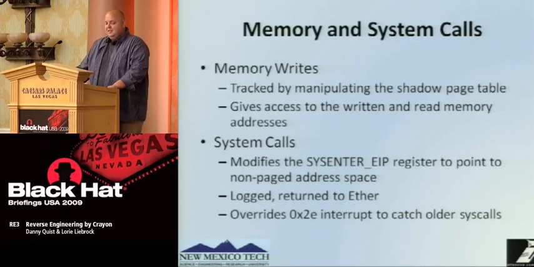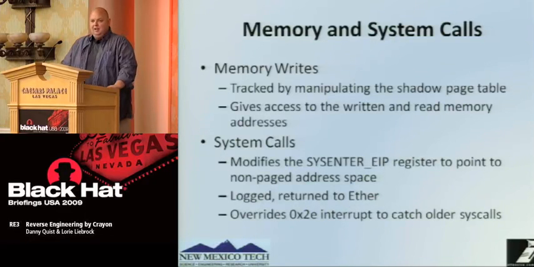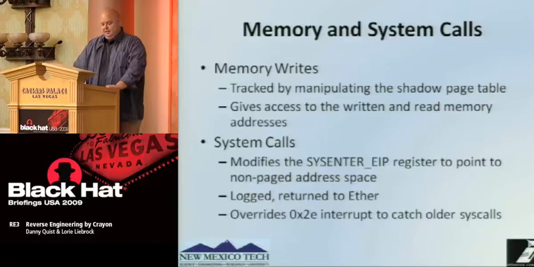System calls: the system call process on Windows uses the sysenter instruction, and the sysenter EIP is pointed to a bogus or non-present page address, which will generate a page fault. Once that page fault is generated, it logs that and returns control to Ether. They also looked at the int 2e interrupt to catch some of the older system calls.